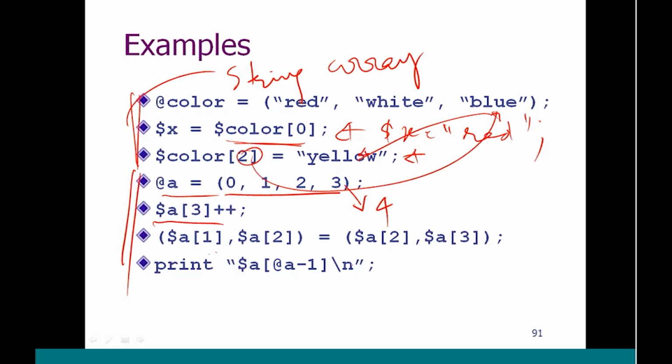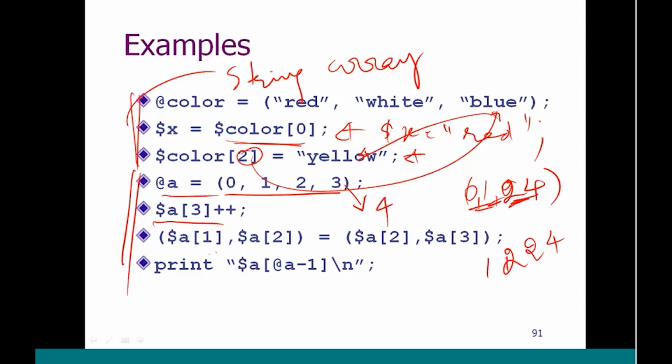That means we are swapping. So we have the array as 0, 1, 2, 4, and now we are swapping the first and second with the second and third. So this will become 1, 2, 2, 4.